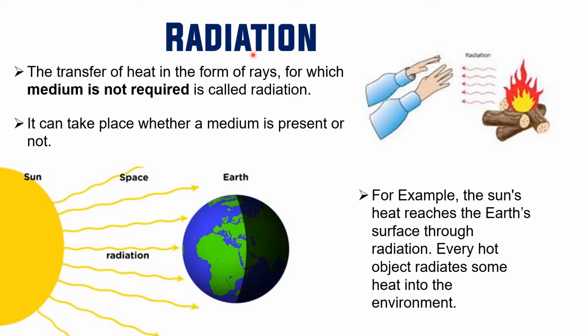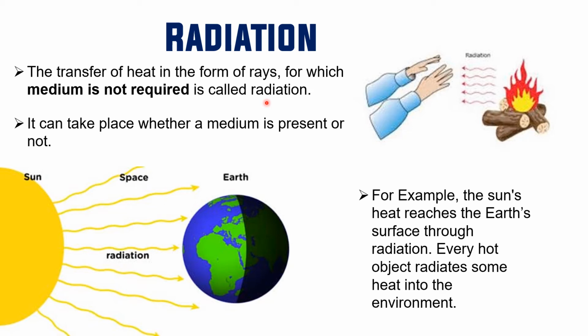And what is radiation? That is also a transfer of heat. The transfer of heat in the form of rays, for which a medium is not required, is called radiation. So radiation does not need a medium.